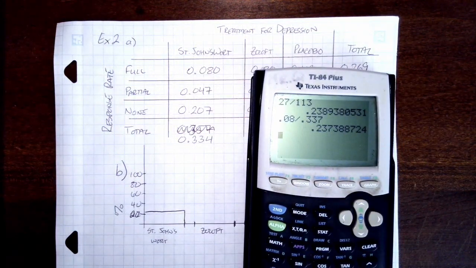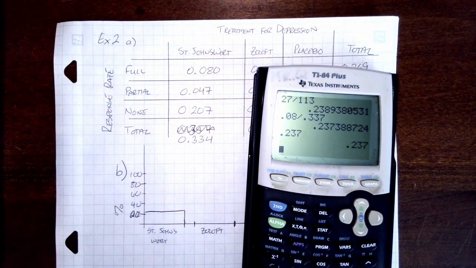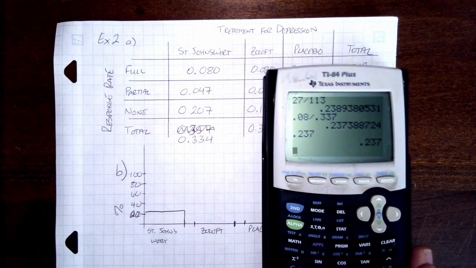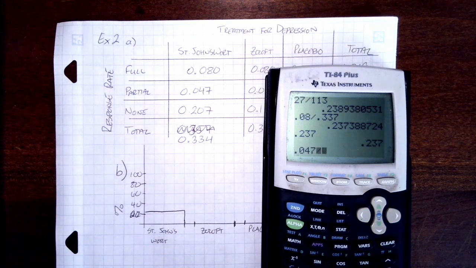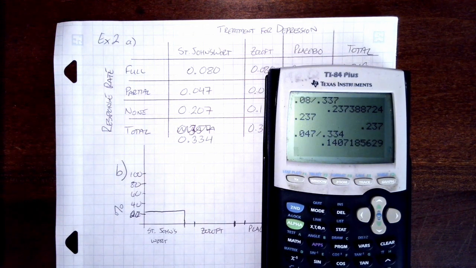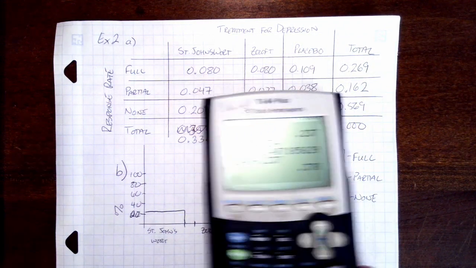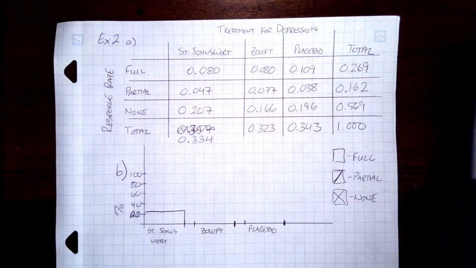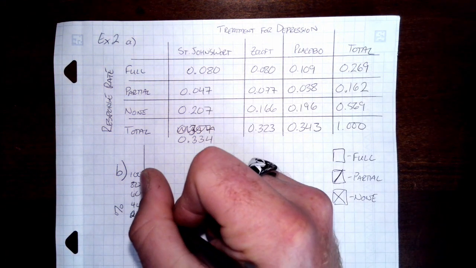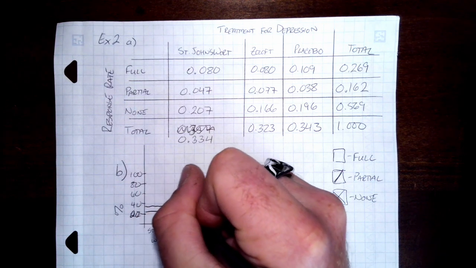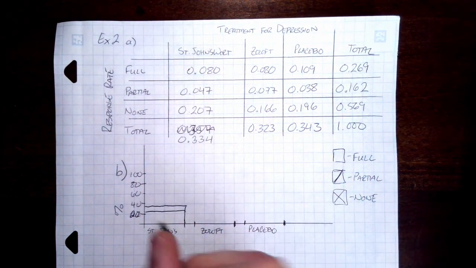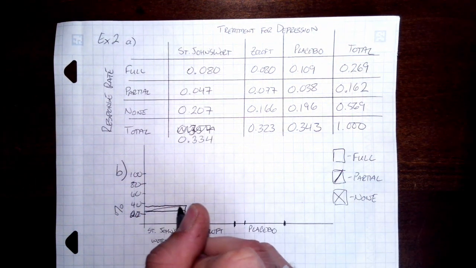Keep that 0.237 idea, because now if 0.047 out of our 0.334 felt partial response, that's another 0.141, and we need to add that on top of our 0.237. So 0.378 is where we will get up to. So 37 should be somewhere kind of here, where we got a partial response.